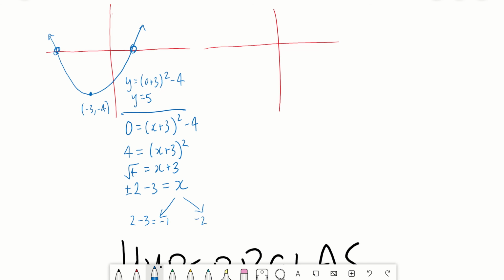If I've got -2 minus 3, that gives me -5, which tells me my drawing is actually pretty way out of scale, which is always why it's handy to have these x and y intercepts found, because what is actually happening is it's more like this as a parabola, where the y-intercept was at 5 and my x-intercepts are at -5 and -1.